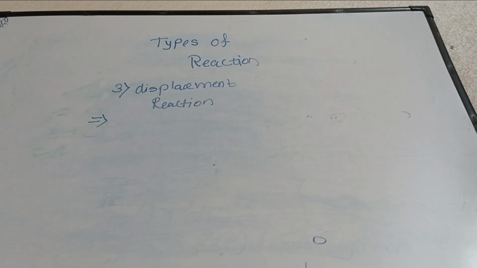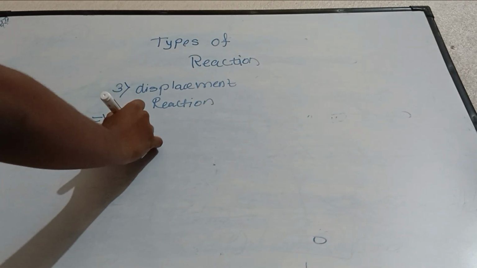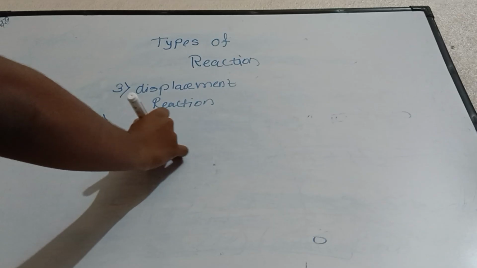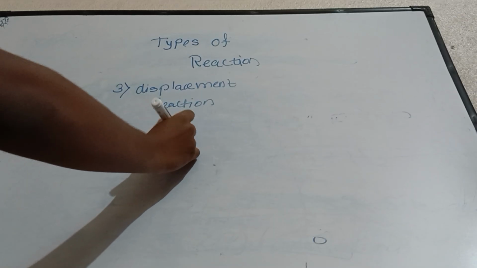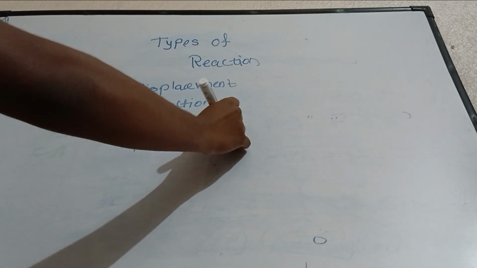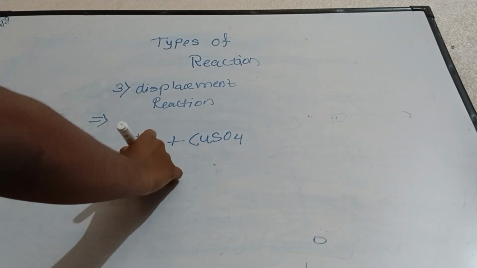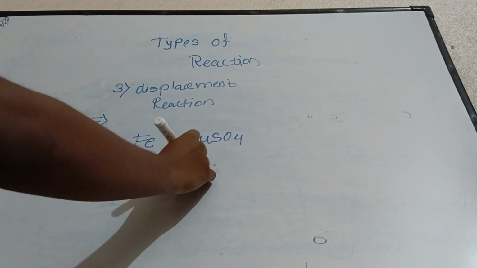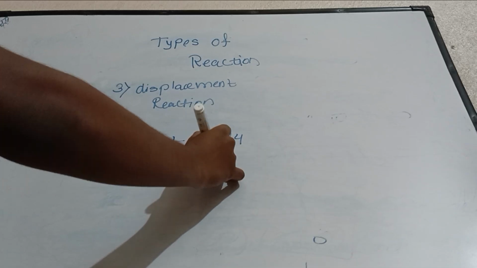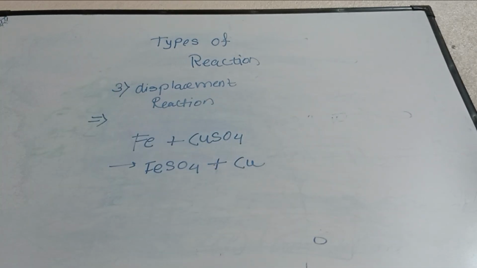So displacement reaction is basically nothing but, for example, you can take Fe plus CuSO4 results in FeSO4 plus Cu.